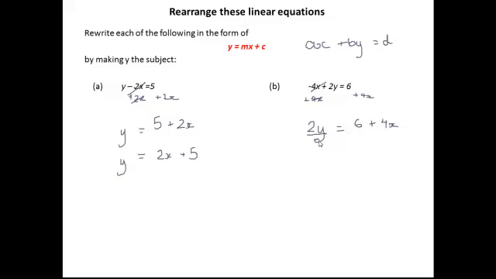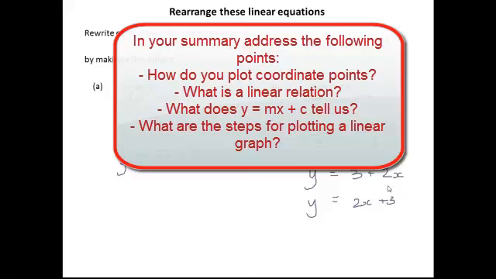So what I have to do is divide every single term by 2. On the left-hand side, I get y on its own. Now 6 divided by 2 is 3, and 4x divided by 2 is 2x. So now I've got this in the equation y is equal to mx plus c.